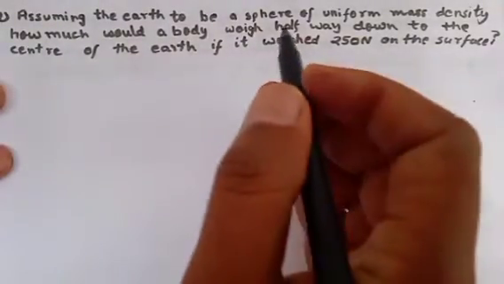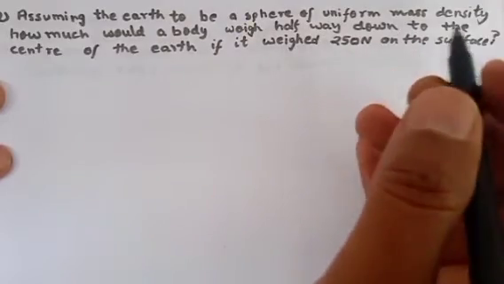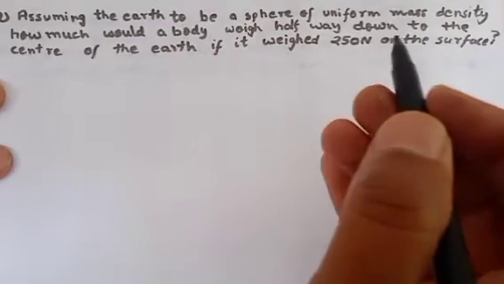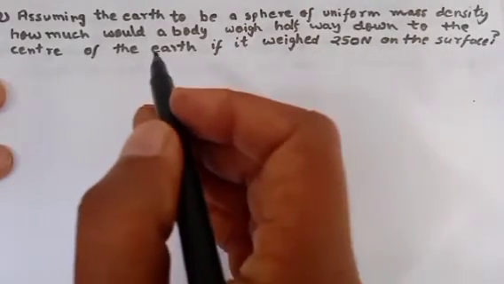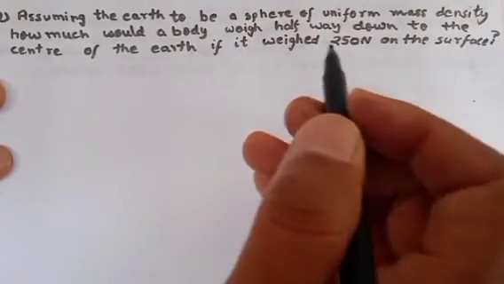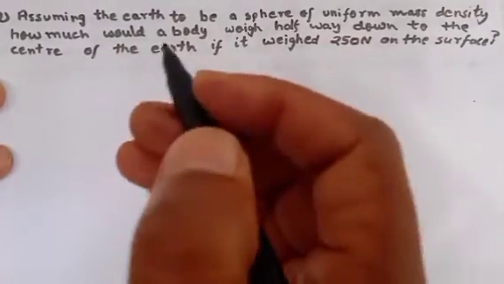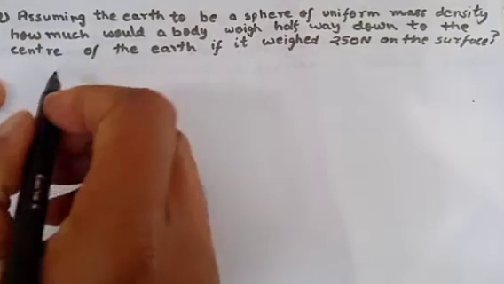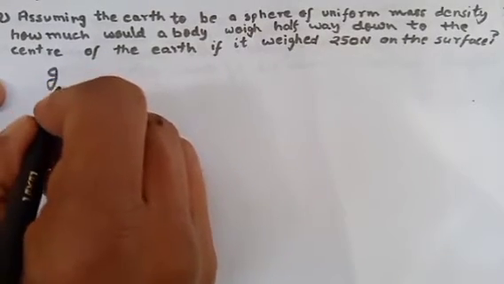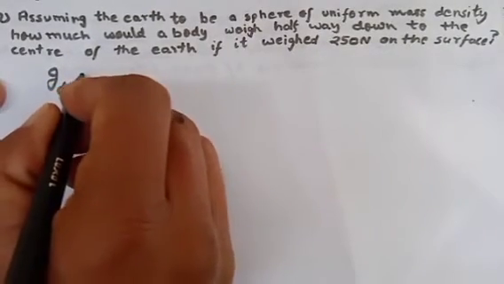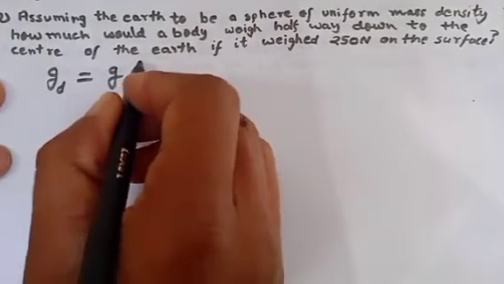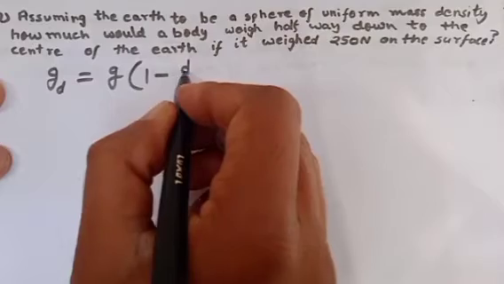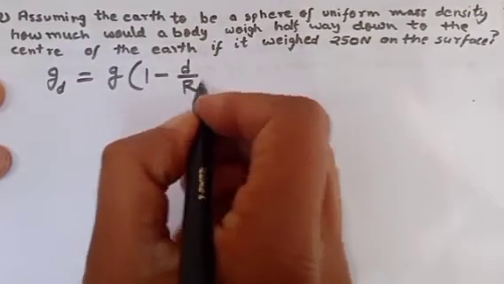Assuming the earth to be a sphere of uniform mass density, how much would a body weigh halfway down to the center of the earth if it weighed 250 Newton? Same type of question, this time variation in g below the earth surface. So g at depth d is equal to g on the surface of earth times (1 minus d by R).